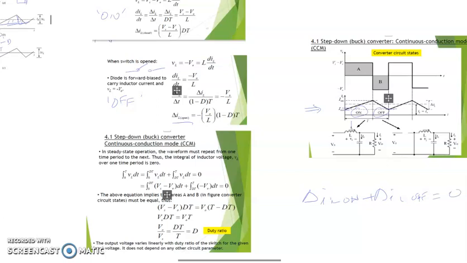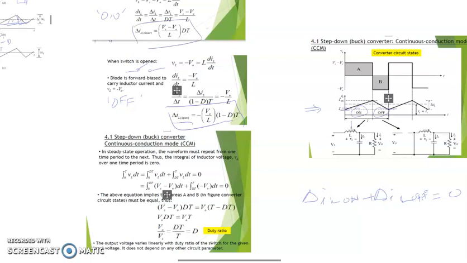You add IL on and IL off, the amount should be 0. So this value is equal to this value.